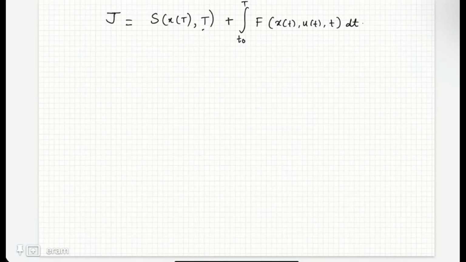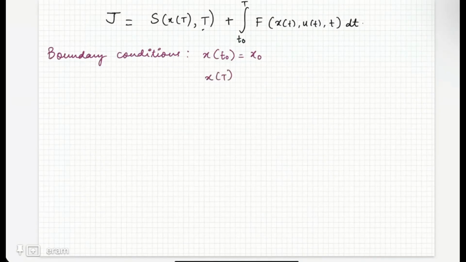Now obviously we can have boundary conditions. We may be given the value at the initial time as x naught, and it may happen that our final state, that is x of T, is free, and this T is also free.